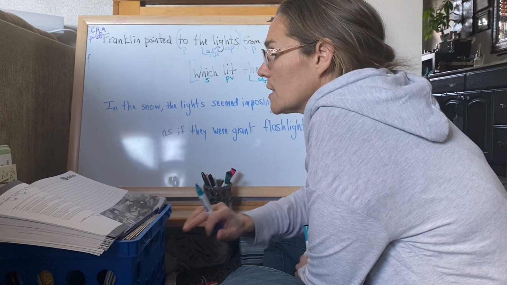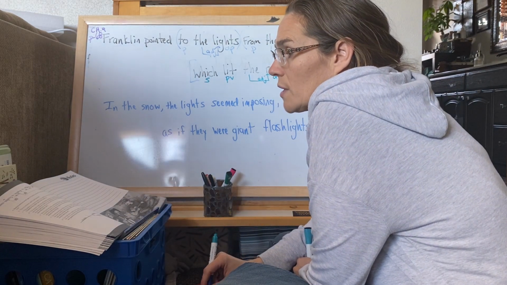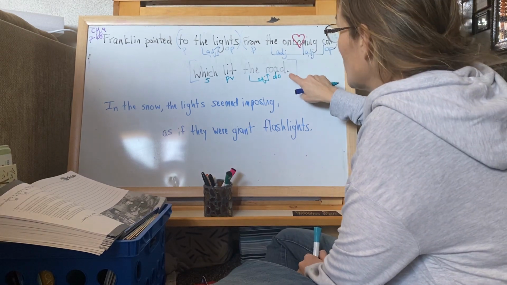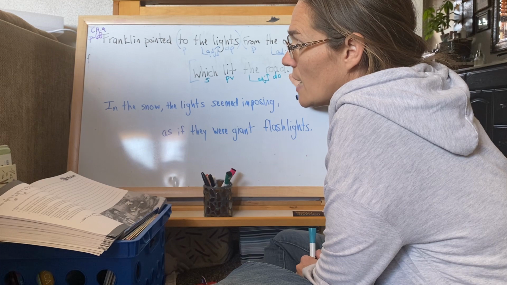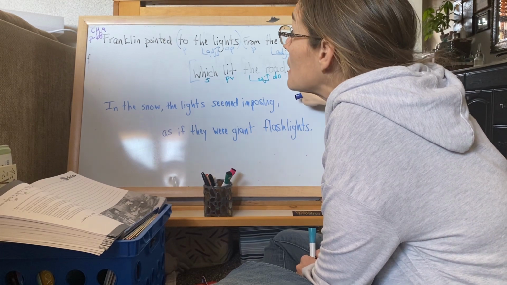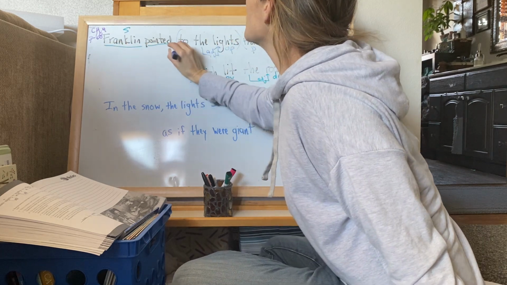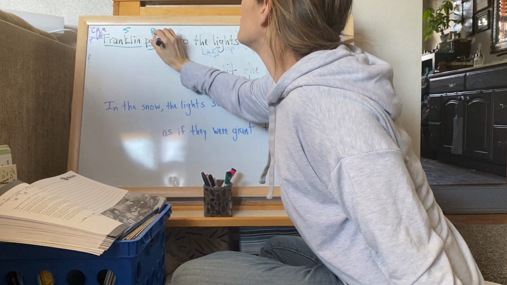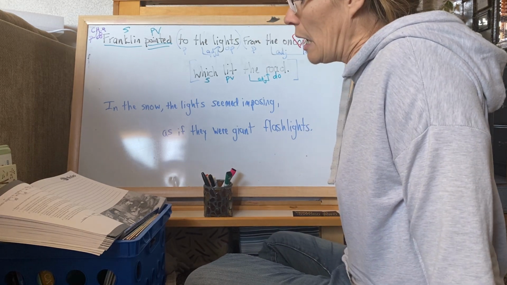Now we're going to read the sentence again. Franklin pointed to the lights from the oncoming car which lit the road. This sentence is declarative. It is making a statement. The sentence is about Franklin. He pointed. He pointed who or what?